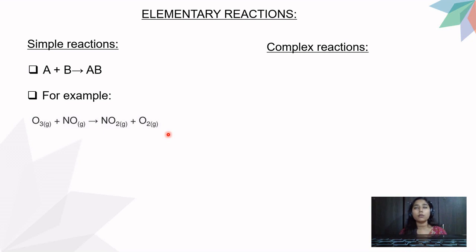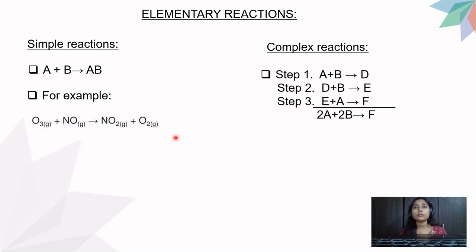If they are more than 3, they are considered complex reactions, and they do not take place in a single step; they go in a series of steps. This is my general reaction of complex reactions. This is my overall reaction, and it has taken place in 3 steps: step 1, step 2, and step 3.